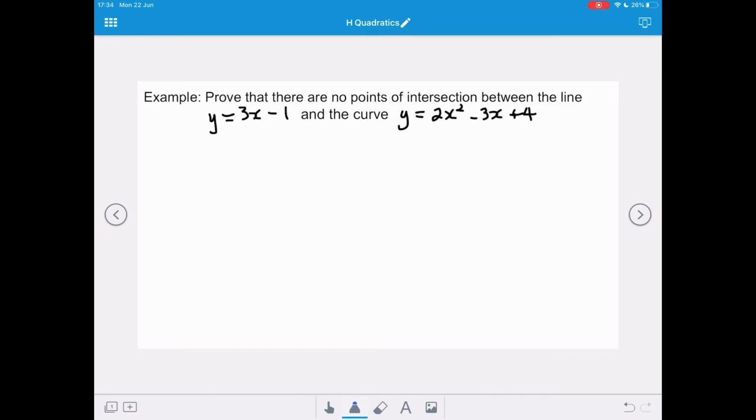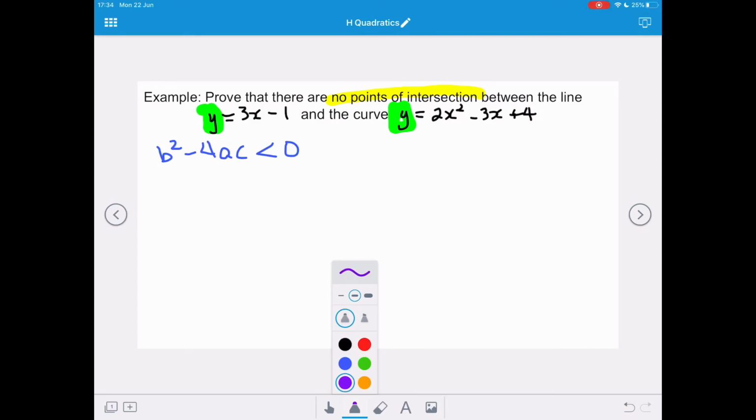Now, in this example, we want to prove that there are no points of intersection between the line y equals 3x minus 1 and the curve y equals 2x squared minus 3x plus 4. So for no points of intersection, the condition for our discriminant is b squared minus 4ac is less than 0. Now, in order to determine the values of a, b, and c, we need to equate our two curves together and rearrange to make them in the format ax squared plus bx plus c equals 0.